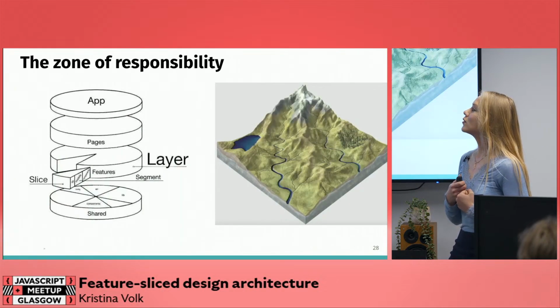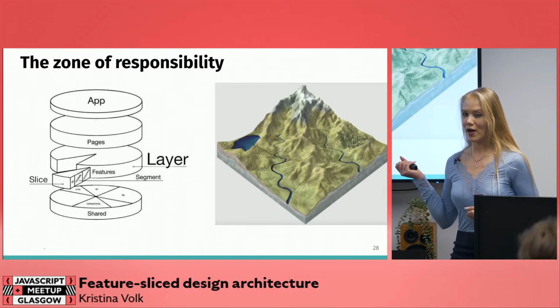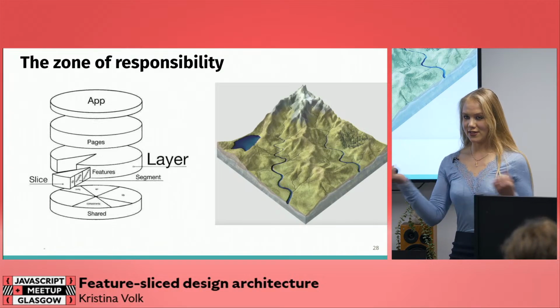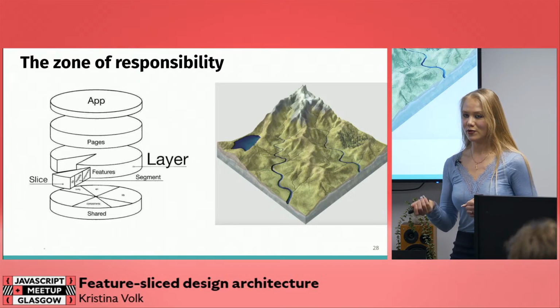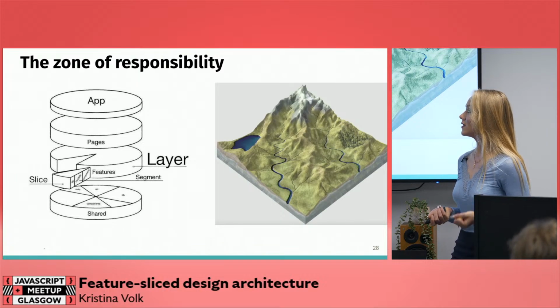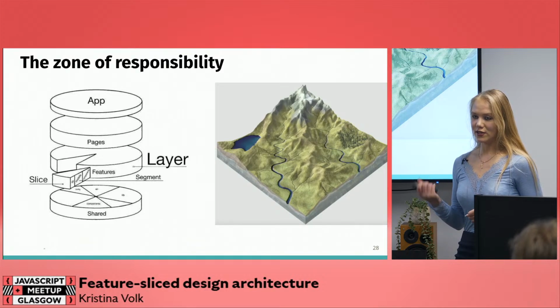However, I want you to imagine that you are on the top of a mountain, and you can actually see a lot. By the visual information, you've got the scope of knowledge that you are responsible for, and as soon as you go down, you see less, and you're losing this sense of control.